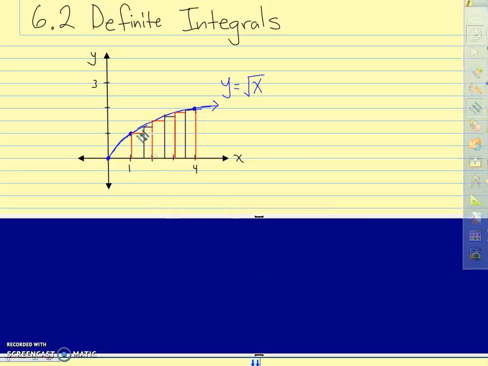Okay, so we kind of closed that gap there. The region that wasn't covered is covered a little more now. So our approximation gets a little better there.